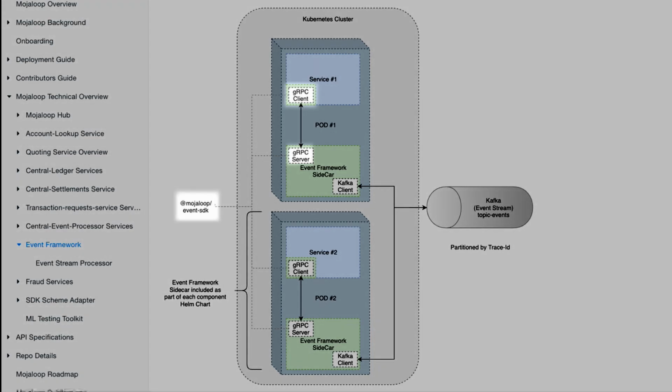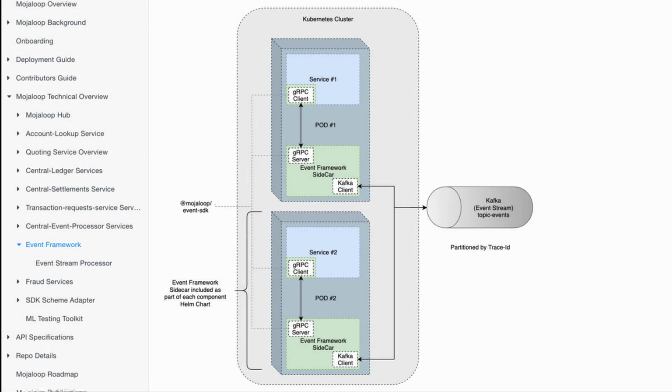Additionally, here we can see components of the event framework itself. This is a reusable library that is implemented by both the service and the sidecar, and provides a gRPC client and server. By using this protocol in conjunction with pods for deployment ensures a very low latency communication overhead.